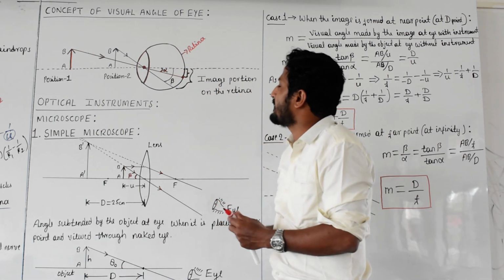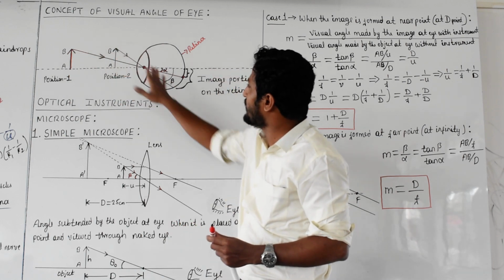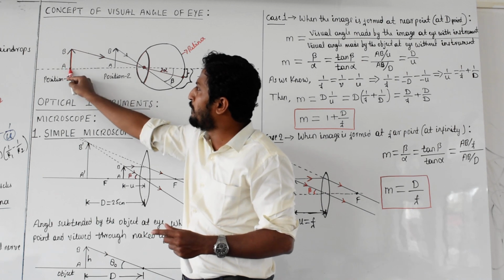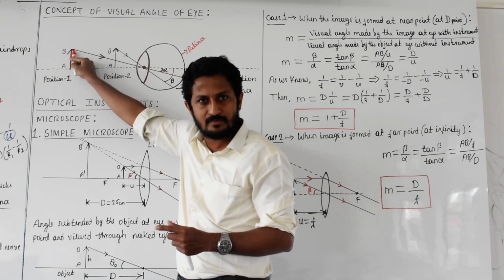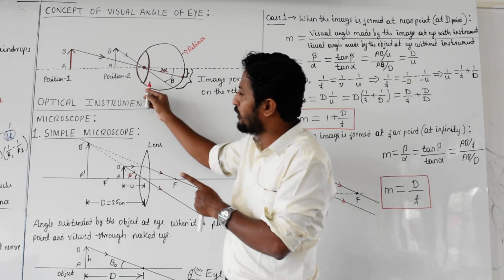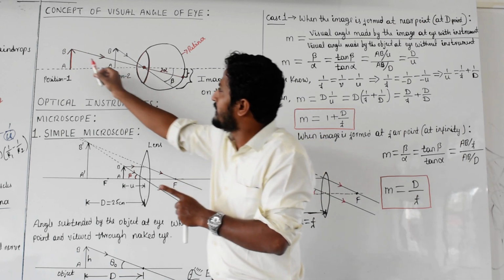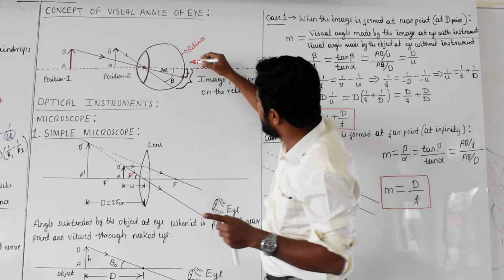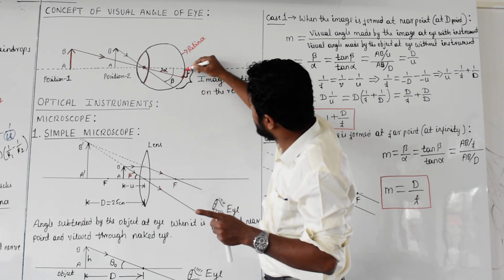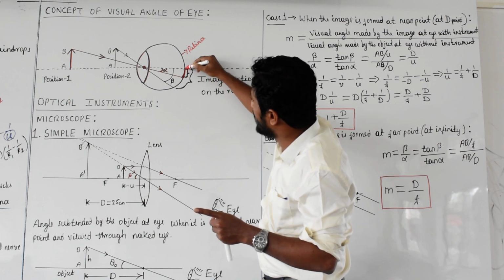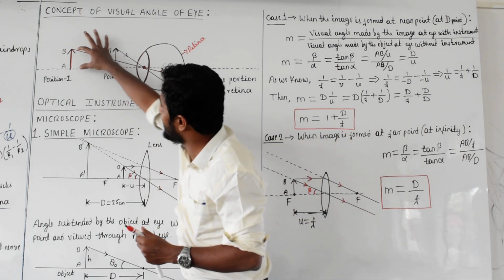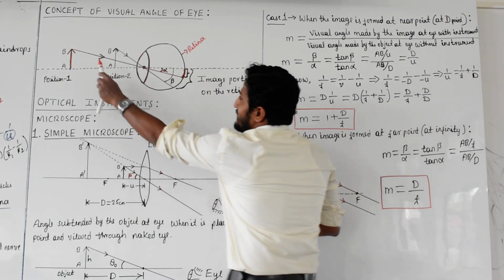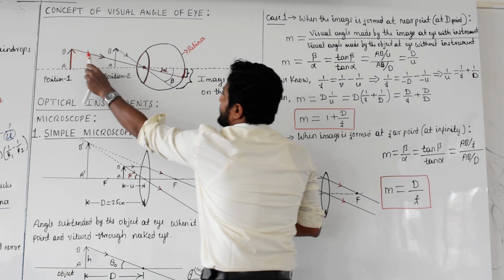What does it mean? Many light rays are coming. This is the light from the top portion of the object, and through the biconvex lens the top portion is shifted here. Between this portion, we are going to get its image. I took this light ray from its top portion.